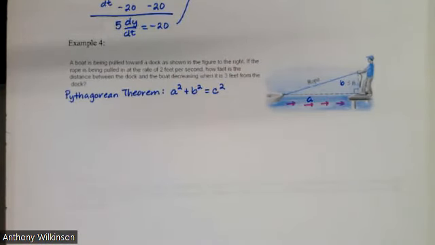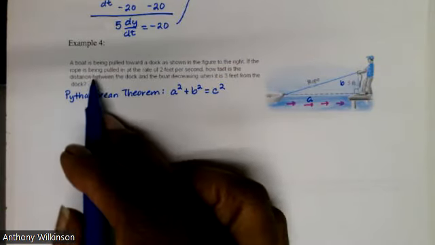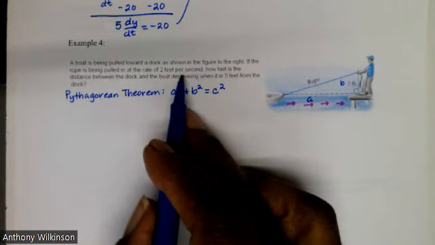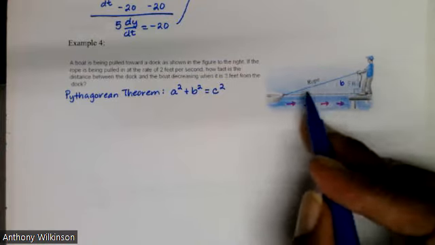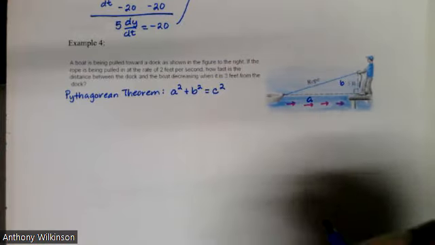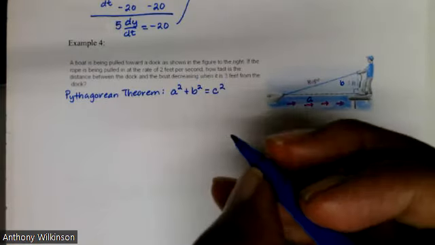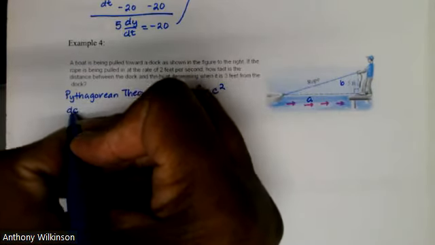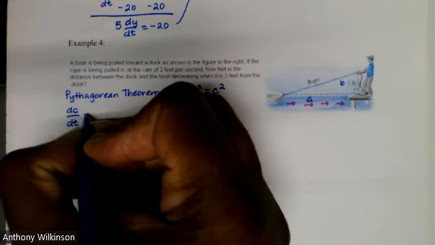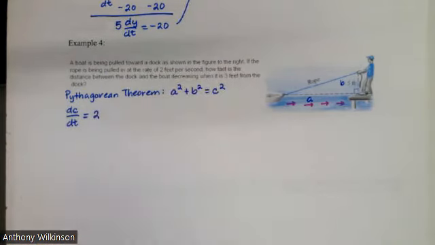Also, we're told that the rope is being pulled at a rate of 2 feet per second. This rope right here is being pulled at 2 feet per second. So that means dc/dt is going to be 2.